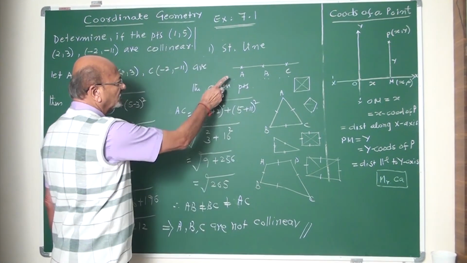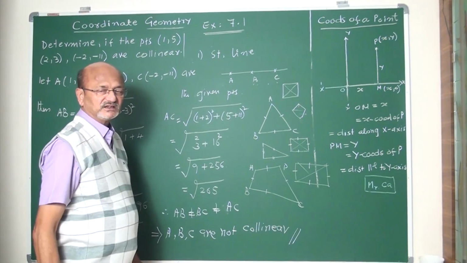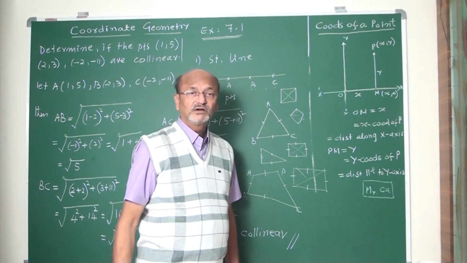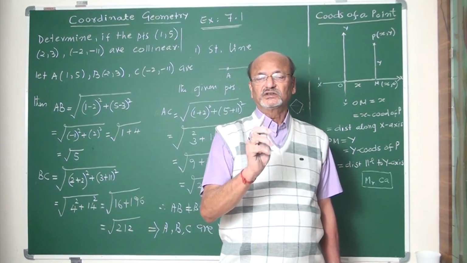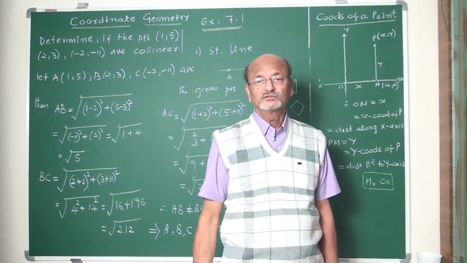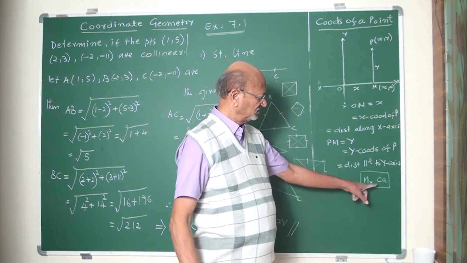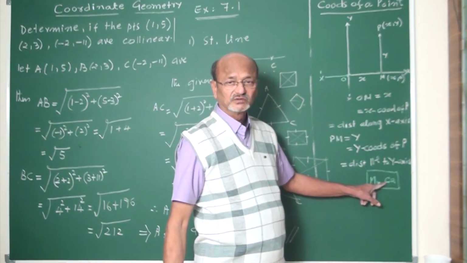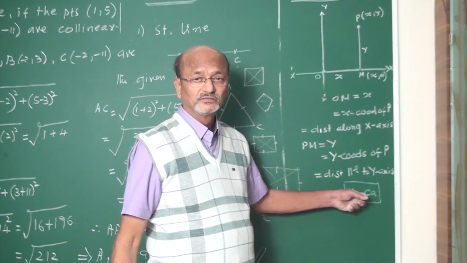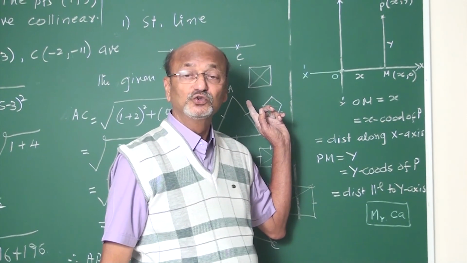I have already done examples based on the straight line. Be comfortable, it is easy. Coordinate geometry is a new branch of mathematics introduced by the great philosopher Descartes. He studied geometry using algebra.